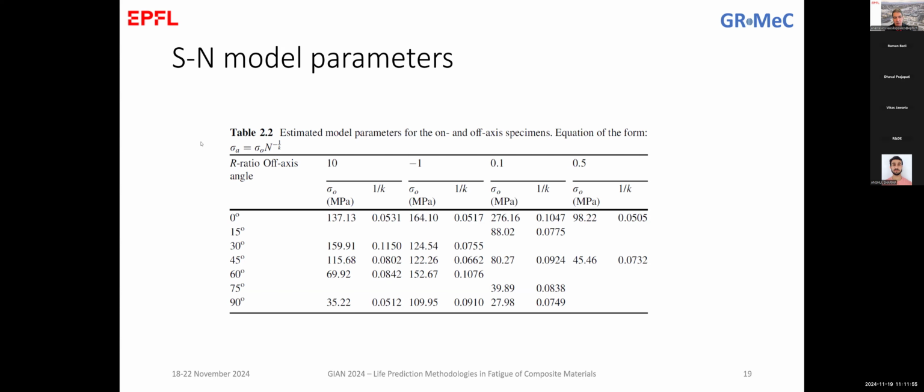So I'm coming back to the analysis of the results, and here is the summary where we saw the model parameters of a simple equation of the type of this one. Do you remember this equation? How did we call it, or where did we talk about this yesterday?